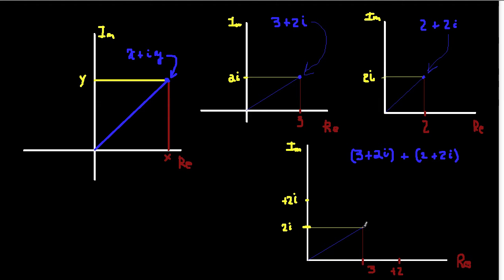So this is 3 plus 2i right there. Now I'm going to add the number 2 plus 2i to it. I go out an additional 2 on the real axis, which is the real value of the added number, and then I go up the additional 2i to represent the added imaginary part of the complex number.